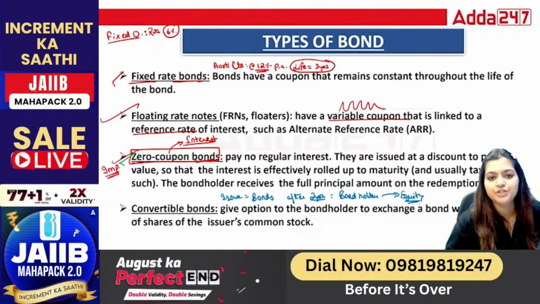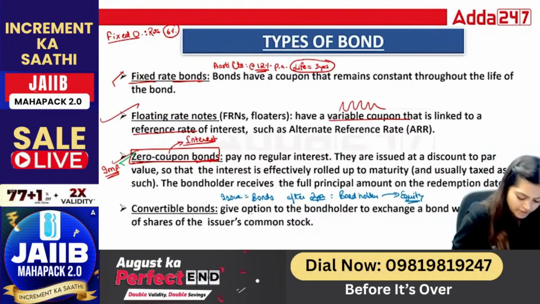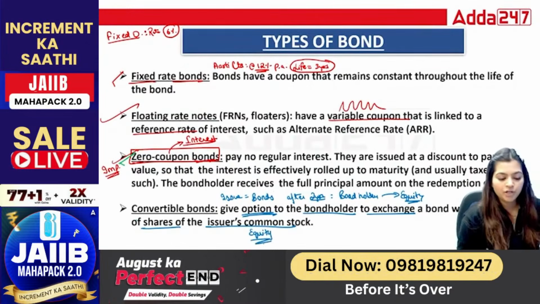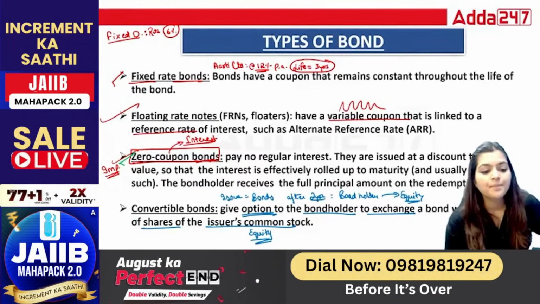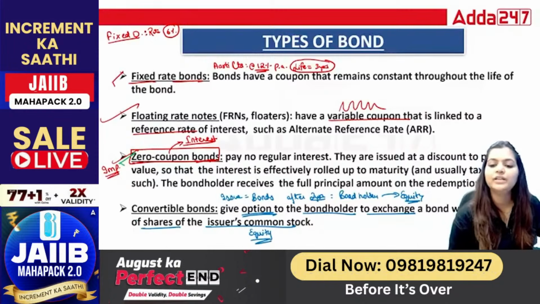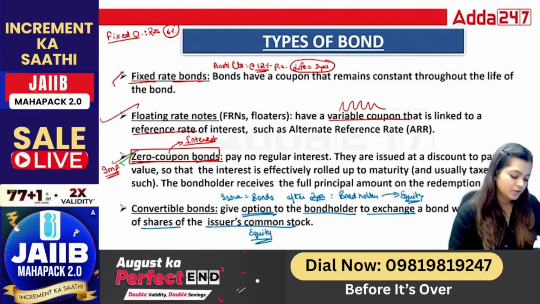That is conversion. Here you are giving the option to bondholders to exchange a bond for a number of shares of the issuer's common stock. Common stock means your equity. If bondholders acquire equity, they will now hold ownership. They will not receive any interest. So this is one more type.